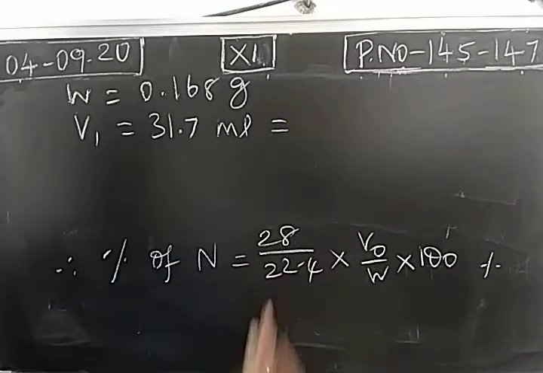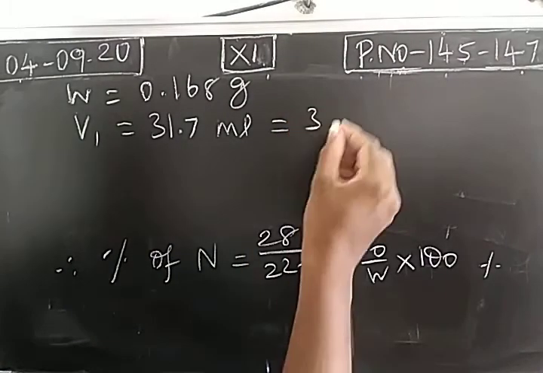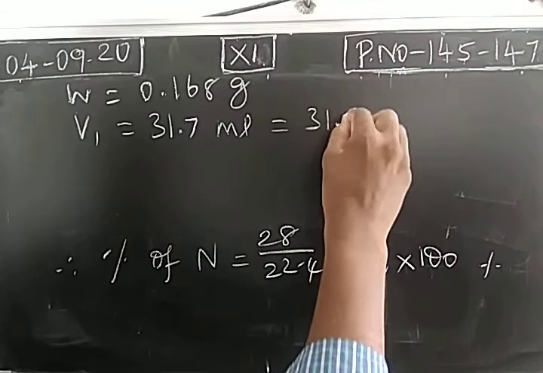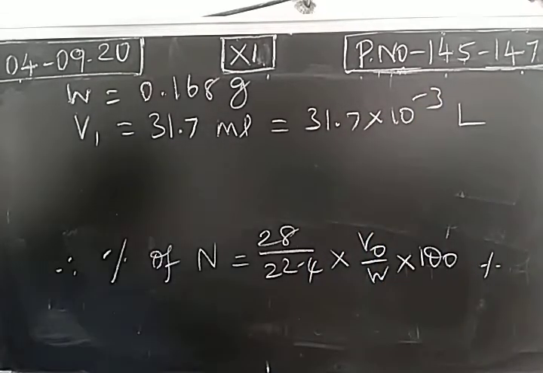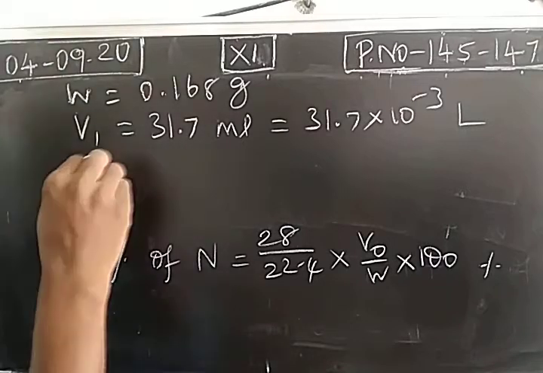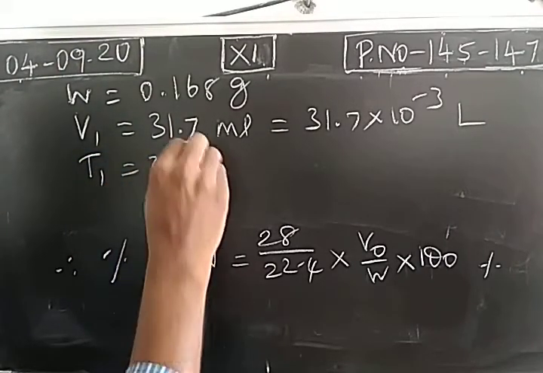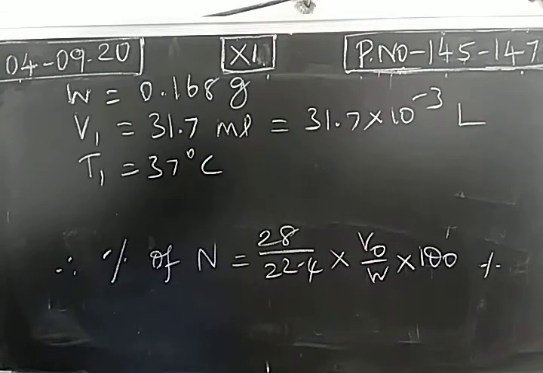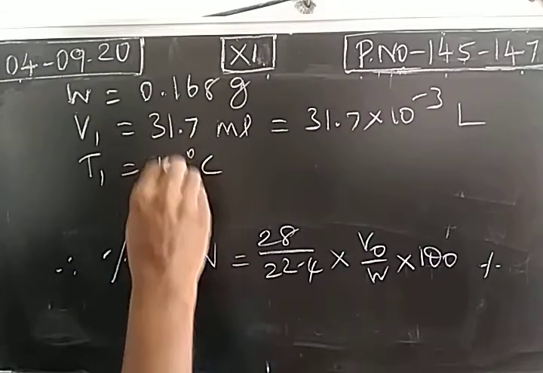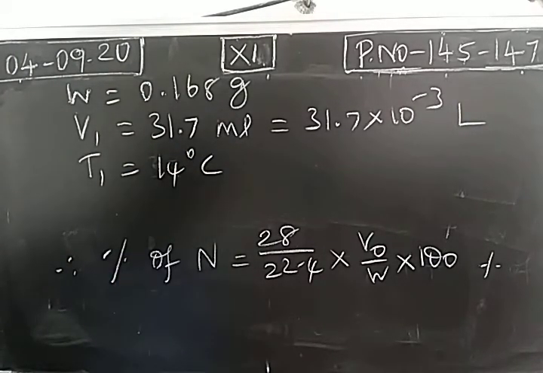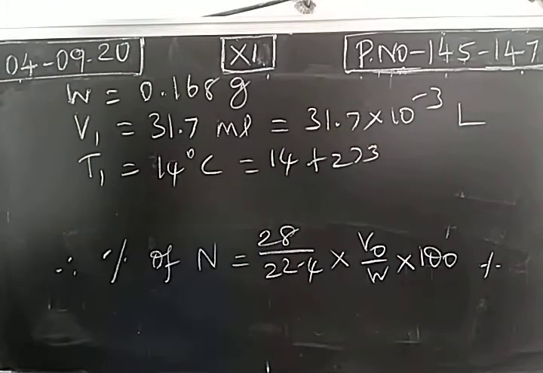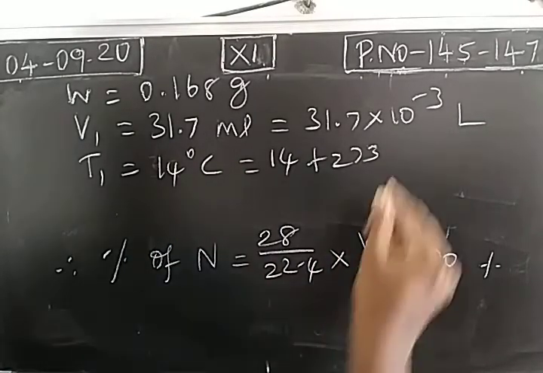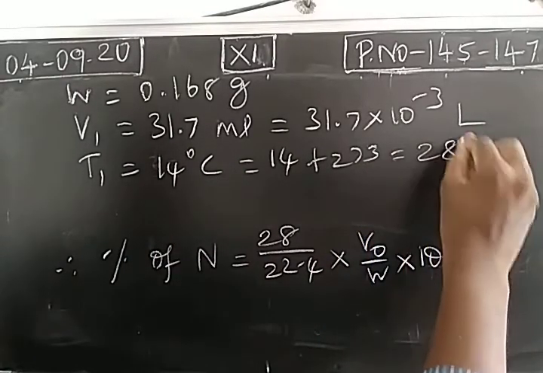We need the volume in terms of liter, so we convert milliliter into liter: 31.7 into 10 power minus 3 liter. The room temperature is given as 14 degrees Celsius. We need the temperature in terms of Kelvin, so 14 plus 273. Celsius is converted into the Kelvin scale, so 287 Kelvin.